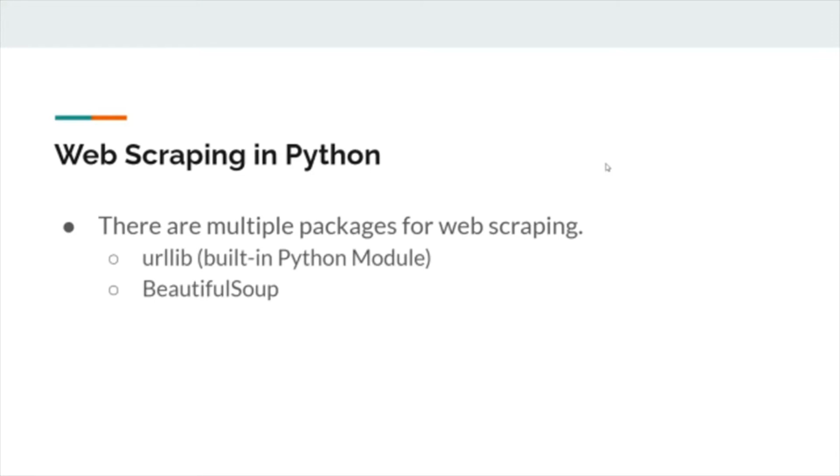There's a ton of web scraping packages that we can use. The two I'm going to be talking about are urllib, which is the built-in Python library for URL connections, and Beautiful Soup, a web scraping package that I found.